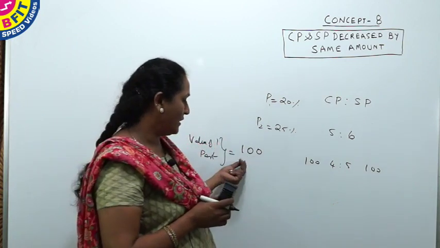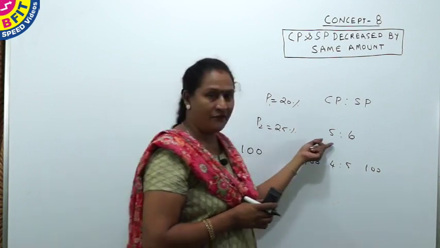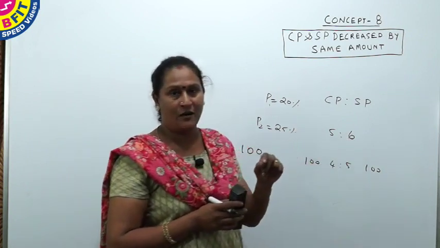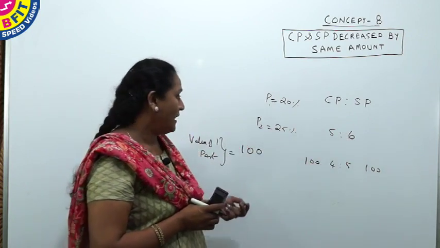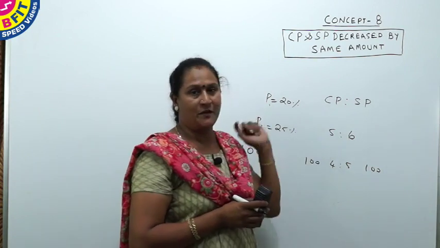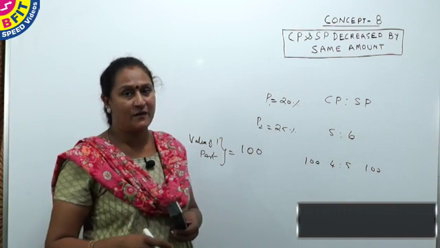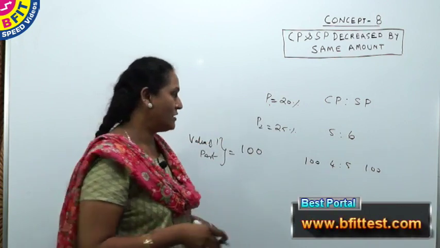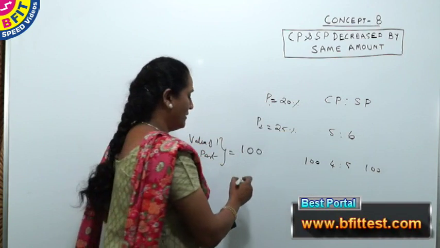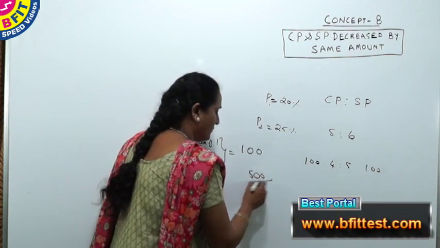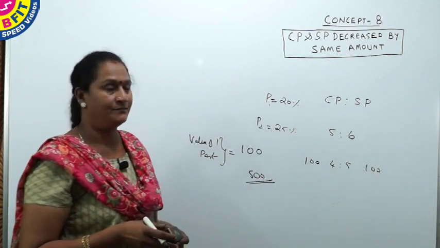We have to multiply this value of one part only with the first row, not with the second row, and we have seen this concept earlier. Cost price is how many parts? 5 parts, and the value of one part is 100. So the original cost price of the watch is 5 into 100, so 500 is the answer.